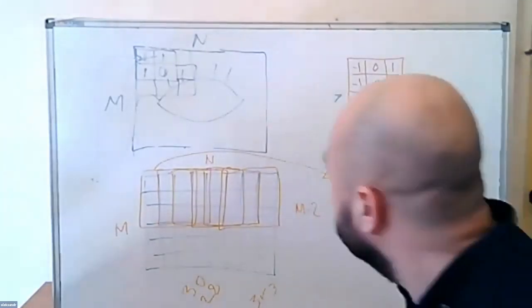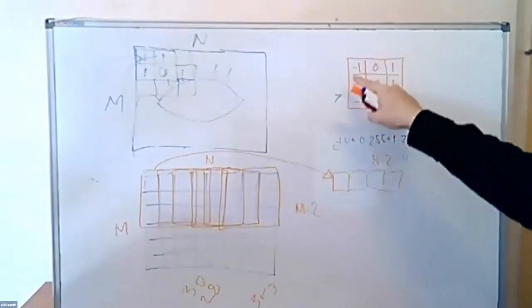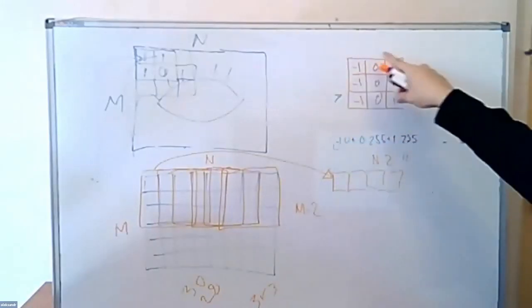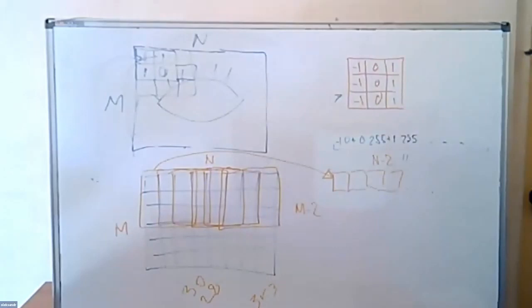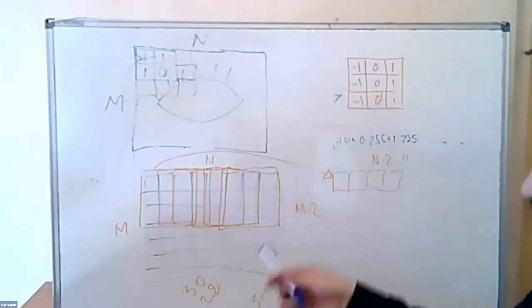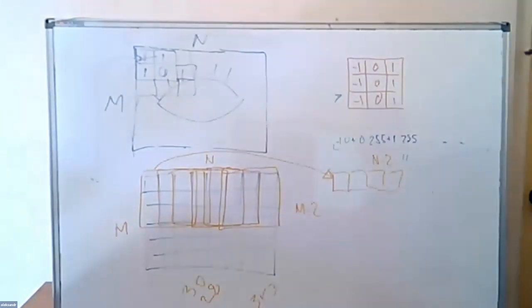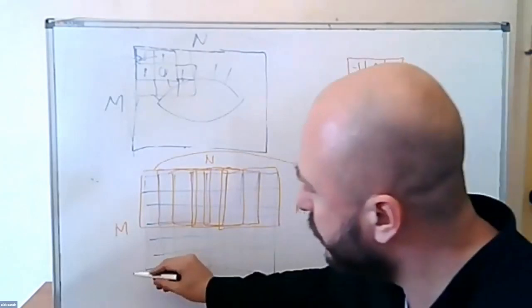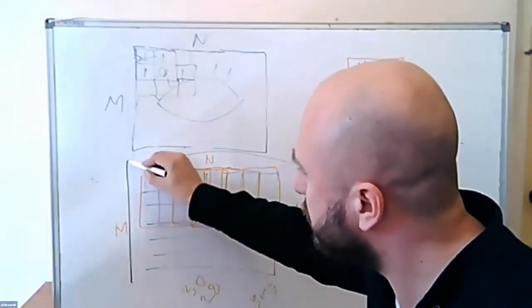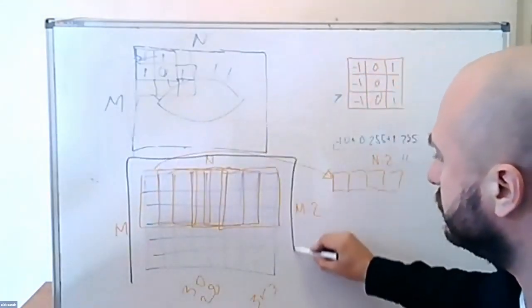This is one thing. But also we can apply much more complex coefficients here. Moreover, to avoid this actual size reduction, usually before applying such a convolution, we add a special margin here.